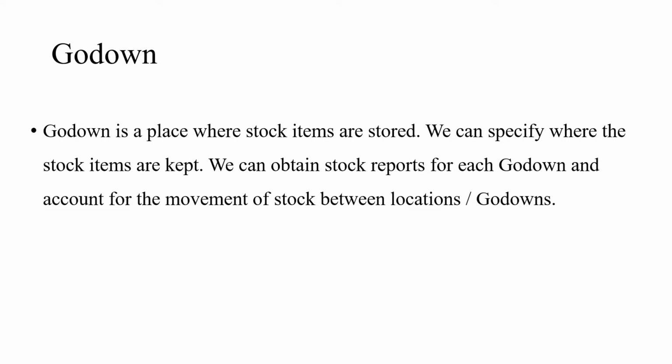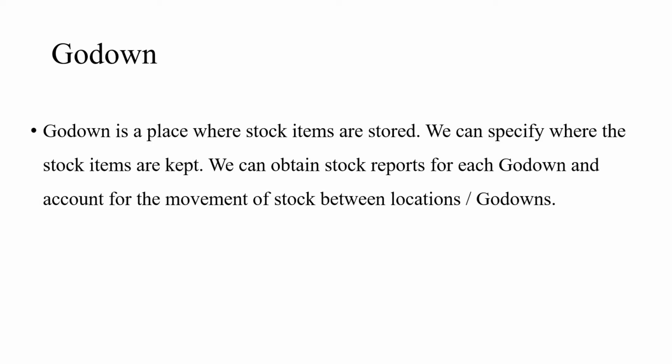The same way, godown is not only limited to physical godown. Companies may use it to track inventory within factory premises at various manufacturing stages. Therefore, it is required to track inventory of raw materials, semi-finished and finished products under job work activity.